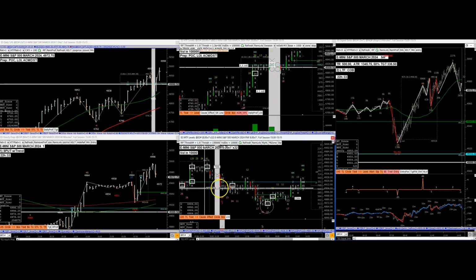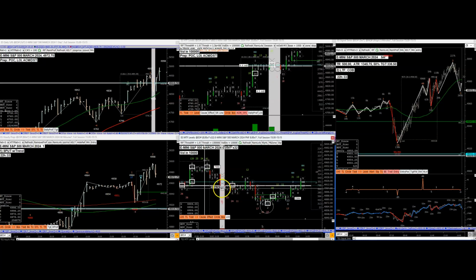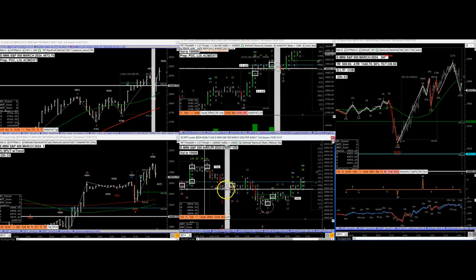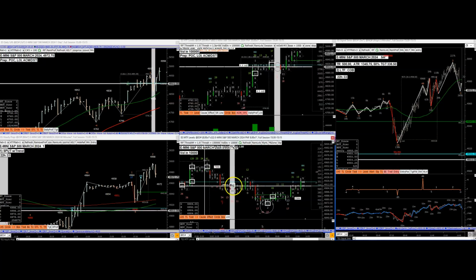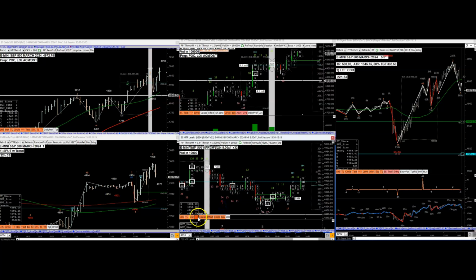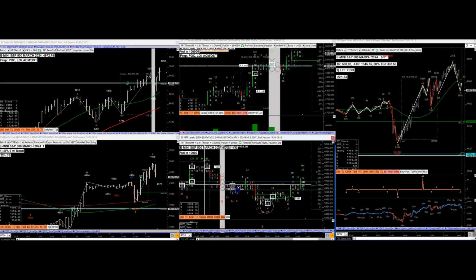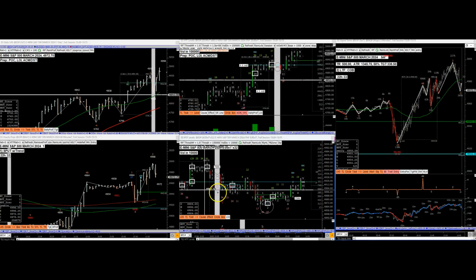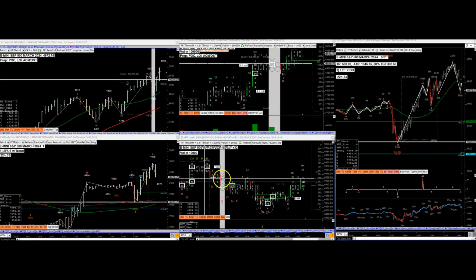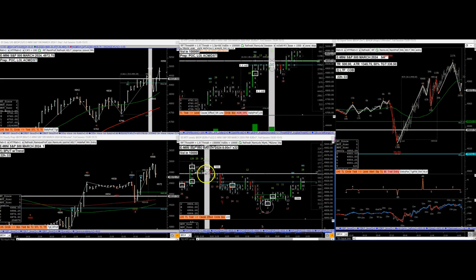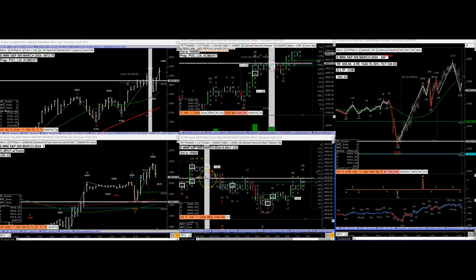So the first level we see is this 16. Does the market pull back? Yeah, it does. It pulls back and makes a lower low. So it's done with this level, 16. If it pulls back again, I'm going to look for it to come back up here in this area where it went from 1 to 14.